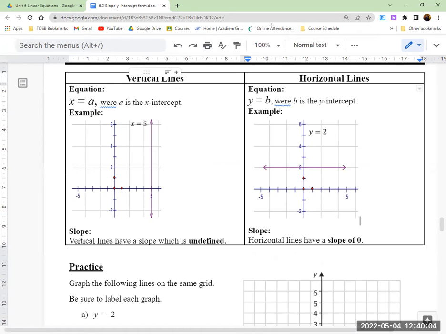Ready? This is my line. Based on what you know about slope, is it going uphill or is it going downhill? You can argue then my slope is a 0.